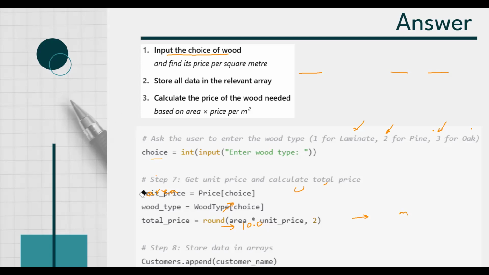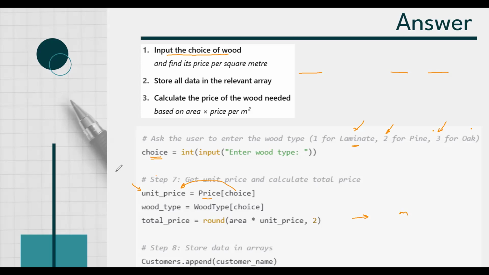Once you get the choice, you can pass the choice to the price 1D array, and that will get you the price of this type of wood. But the price here is a unit price, which means that this is the price per square meter.